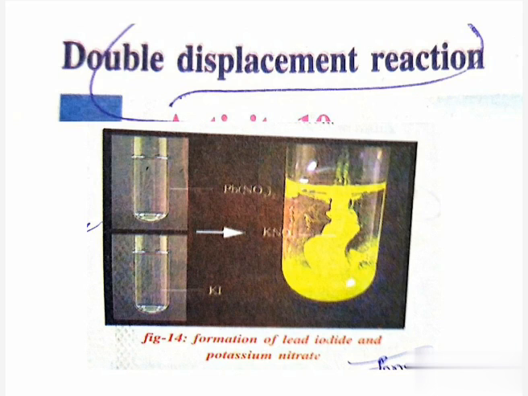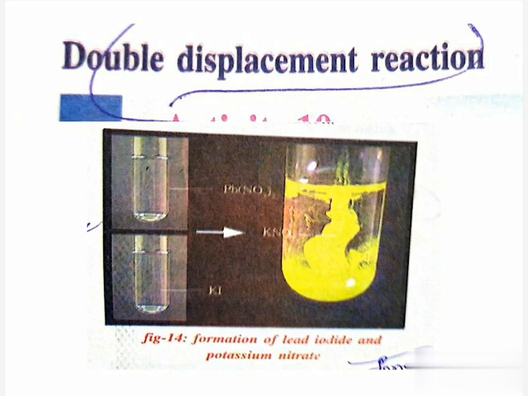These are the reactants, and lead iodide and potassium nitrate are the products. Lead nitrate, Pb(NO3)2, and potassium iodide, KI, are the reactants. Which products are formed? Lead iodide and KNO3.